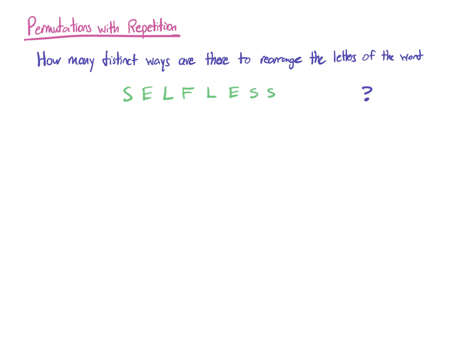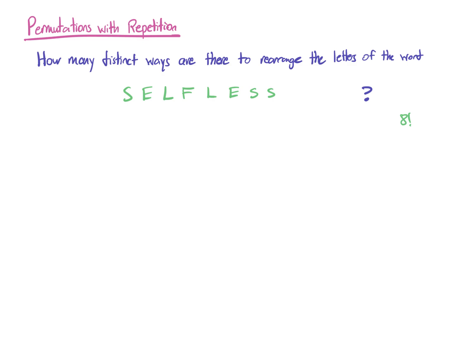There are 3 instances of the letter S, 2 instances of the letter L, 2 instances of the letter E, and just 1 instance of the letter F. And so this means that our answer isn't just going to be 8 factorial. 8 factorial was what the answer would be if all of these were different, but they're not different. And that means we're going to have a different answer.